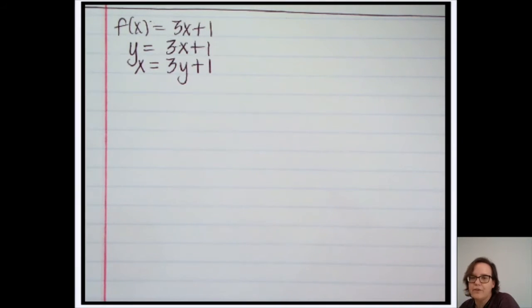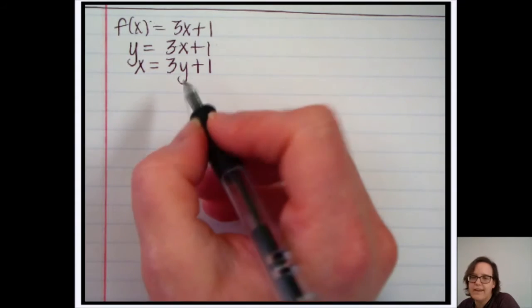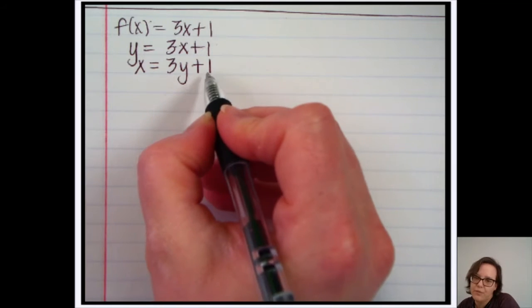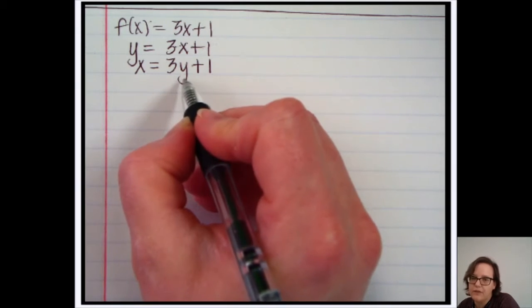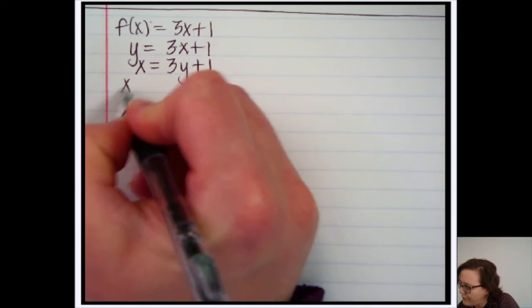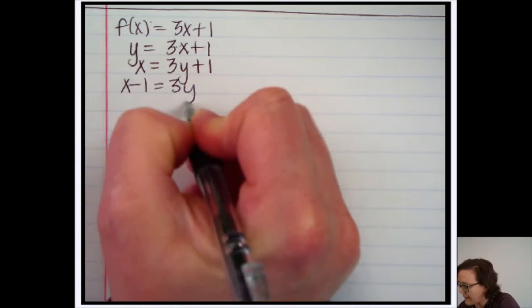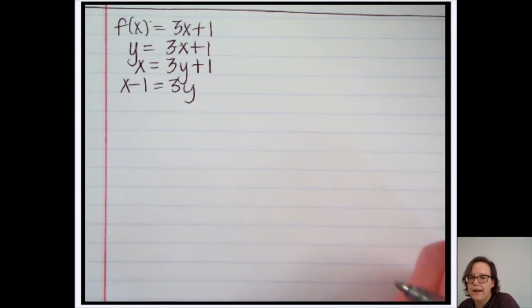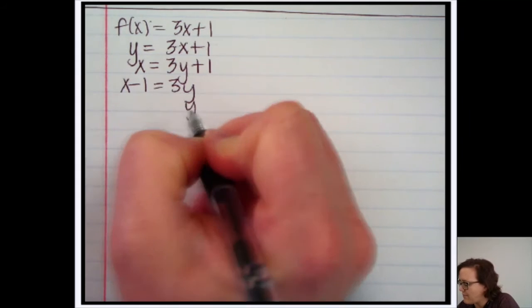So now we have x equals 3y plus 1. Now we have to get y by itself. What's hanging on to y? Well, we have that plus 1 and we have the multiplying by 3. So we've got to move that 1 over first. So we get x minus 1 equals 3y. And finally, to get y by itself, we have x minus 1 over 3.